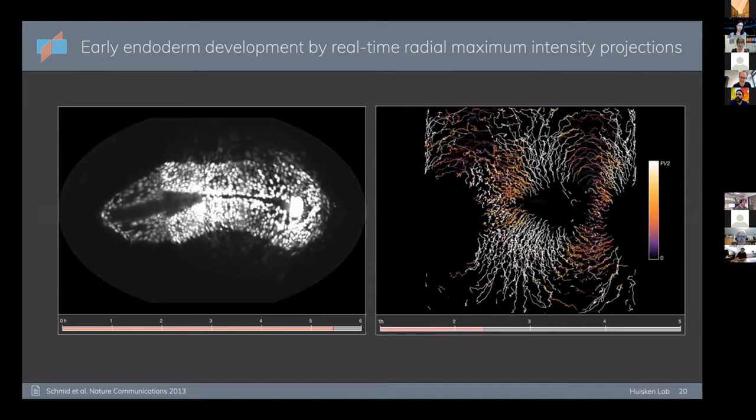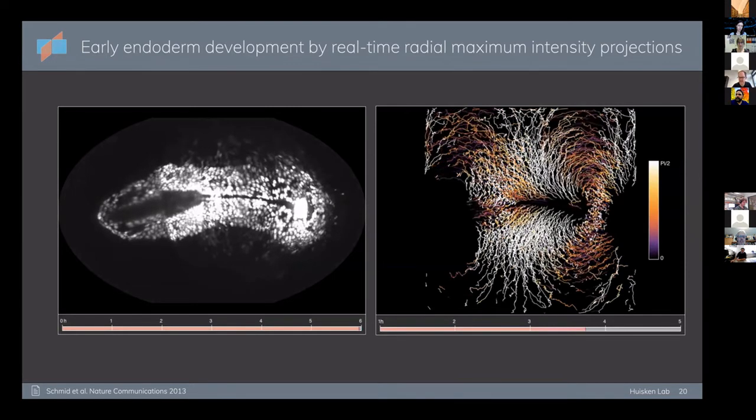And this also means that the analysis and the visualization of the data is so much easier that it's actually a step towards doing this in a high throughput fashion and also being able to characterize the phenotypes more precisely.